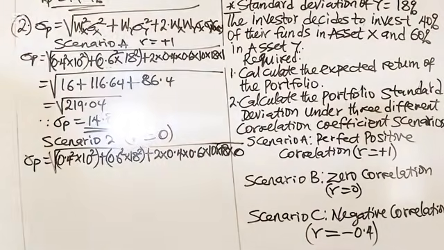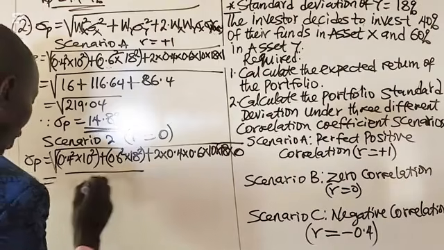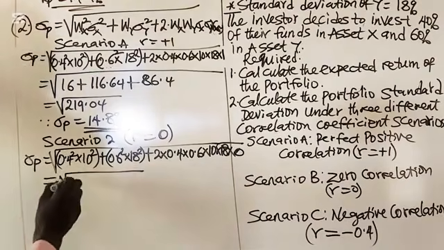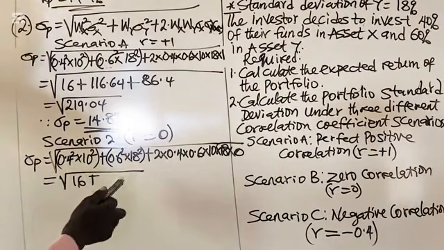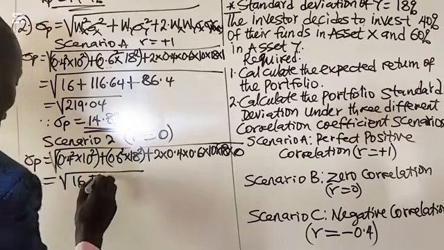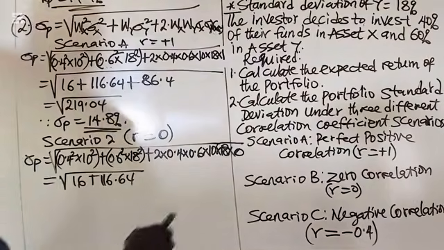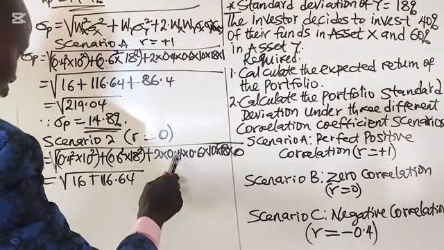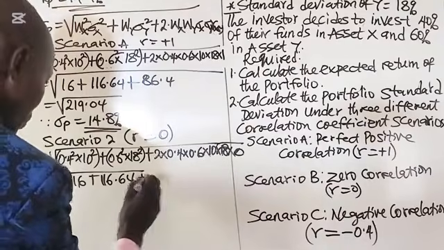The first term gives us 16, the second gives us 116.64. If you multiply 2 times 0.4 times 0.6 times 10 times 18 times 0, it will be 0.